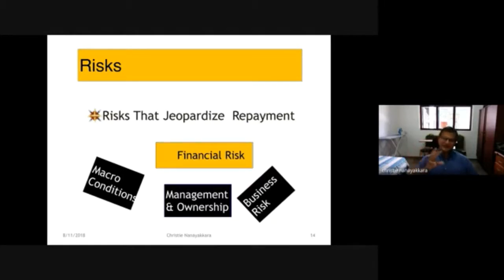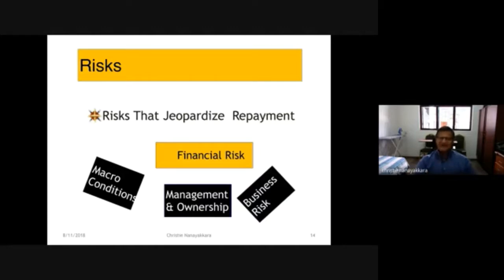They also have risk in macro condition. Macro condition is the environment they operate in. So we are going to discuss this a little more for you to understand the counterparty risk, because this customer is going to face those risks. And if those risks are major, you should not part with your money. That's what our aim is.